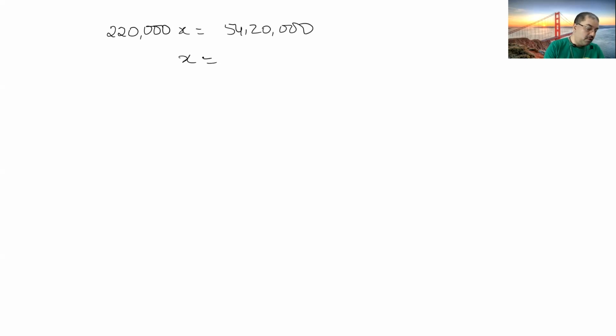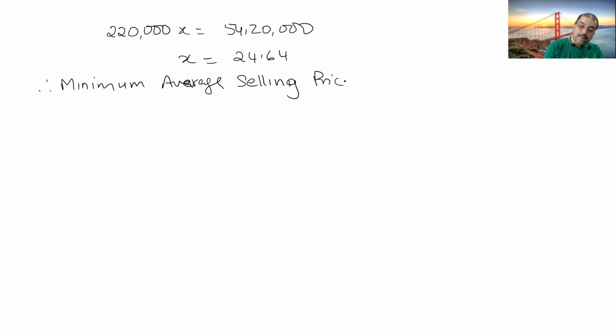So X is equal to 24.64. So the minimum average selling price is rupees 24.64 per unit.